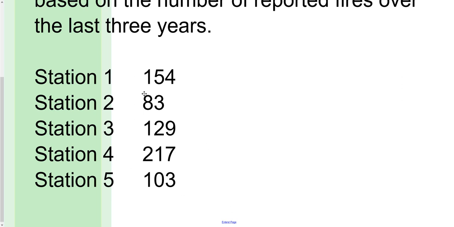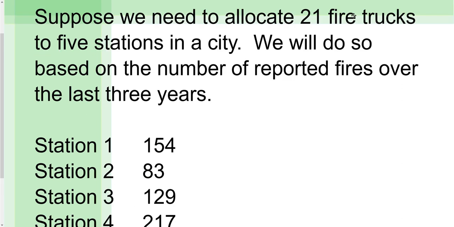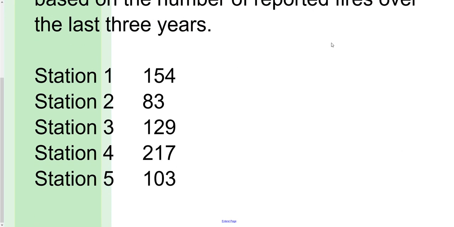And I want to assign the 21 fire trucks to match these ratios and proportions as best as possible, such that the total is exactly 21. So you can see how this can be a tricky problem now that you look at it in its entirety.